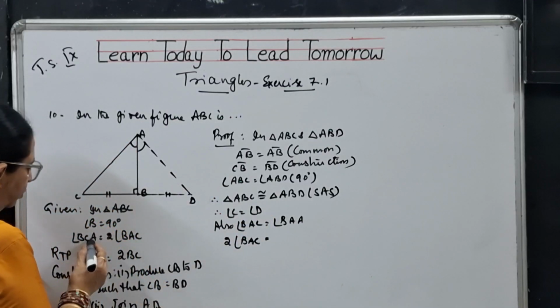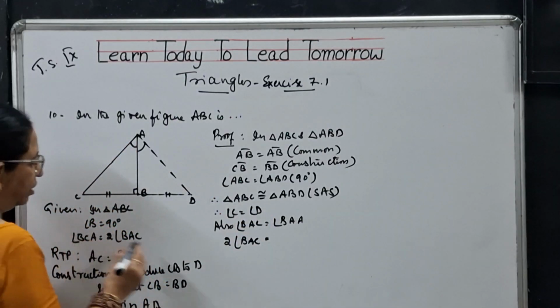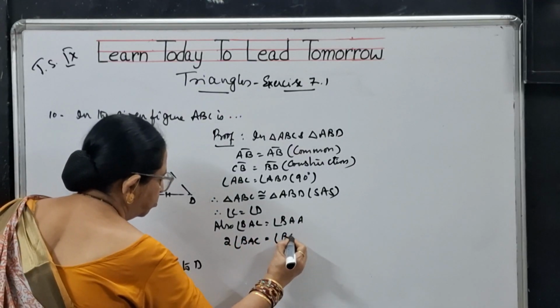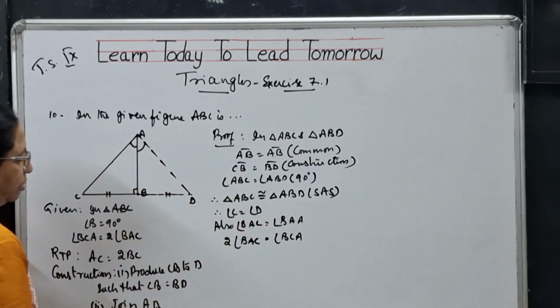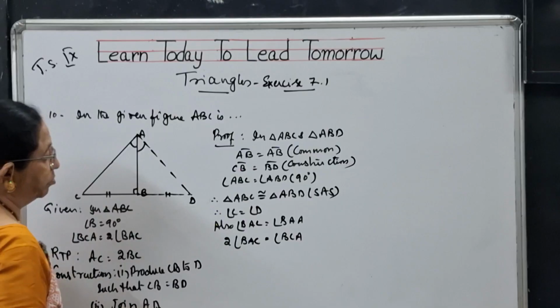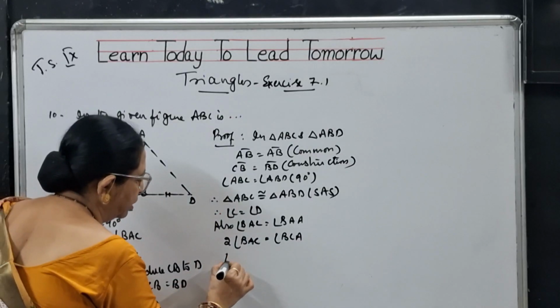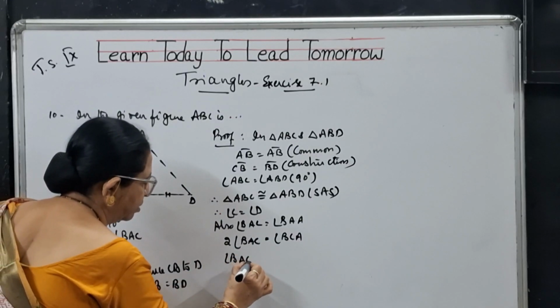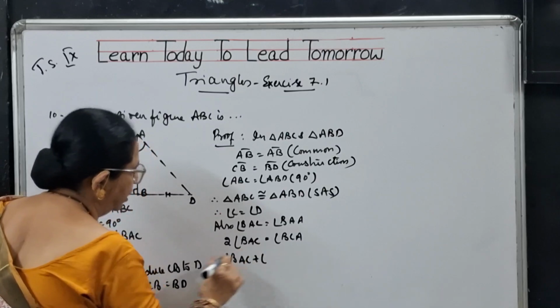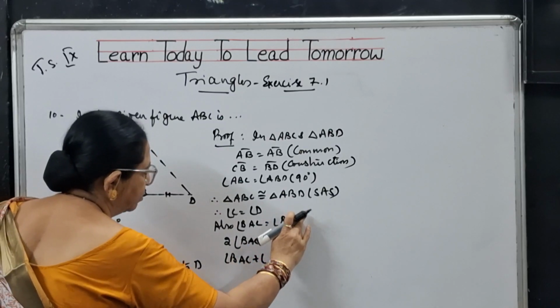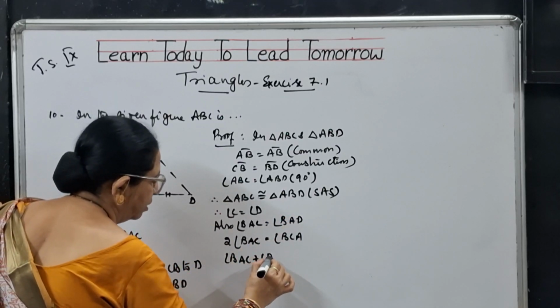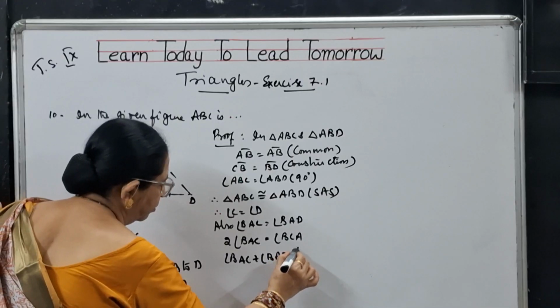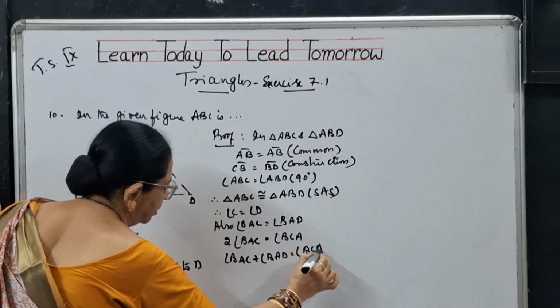Also what they have given, 2 times angle BAC is equal to angle BCA. 2 times angle BAC means what? This can be written as angle BAC plus angle BAD. Angle BAD is equal to angle BCA.